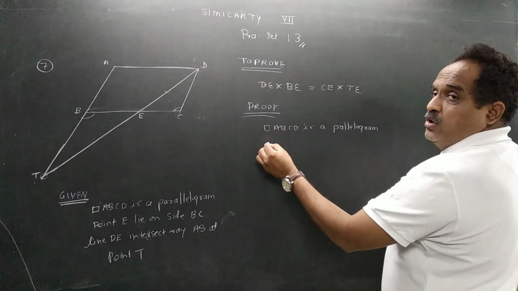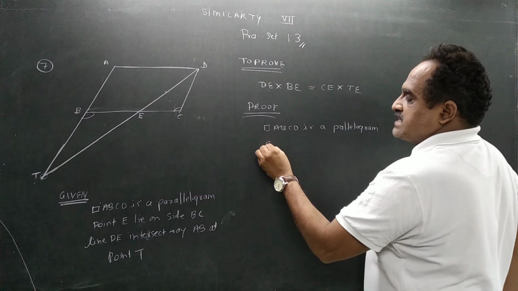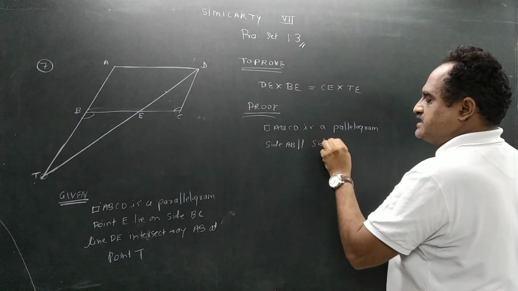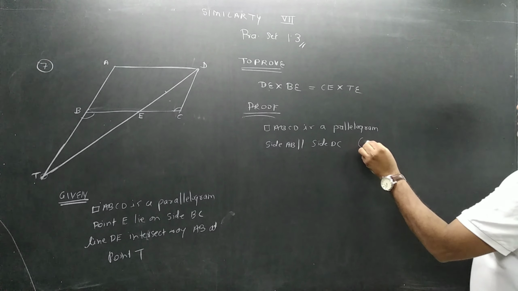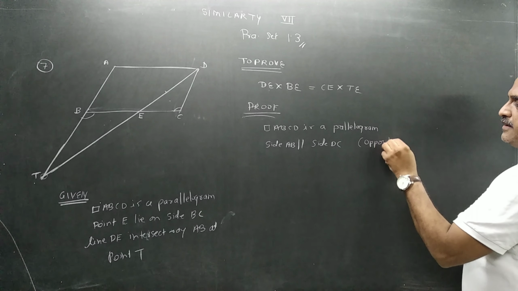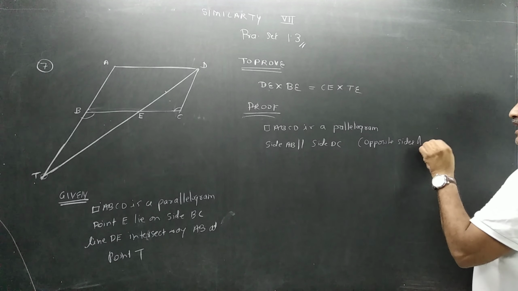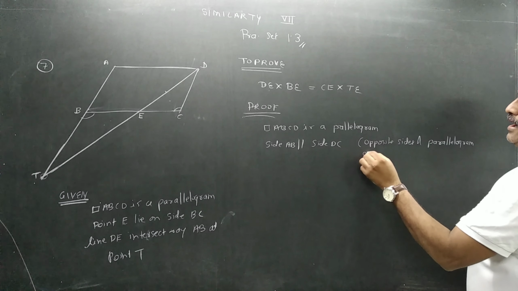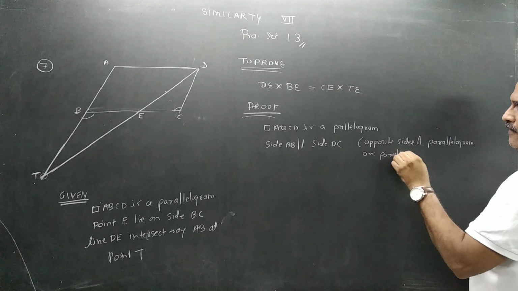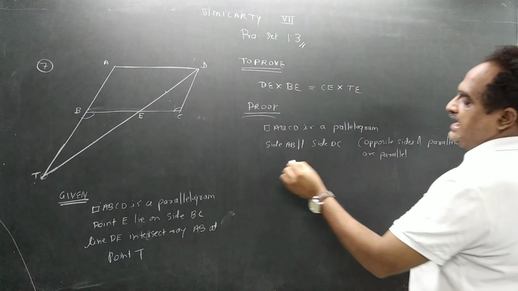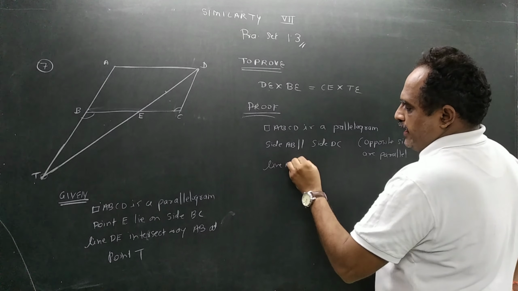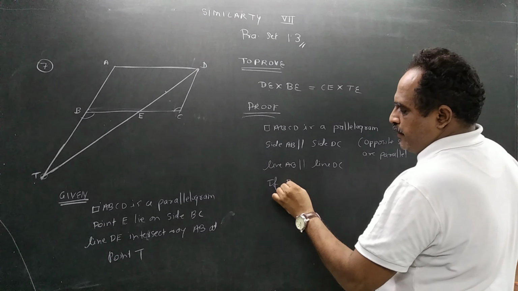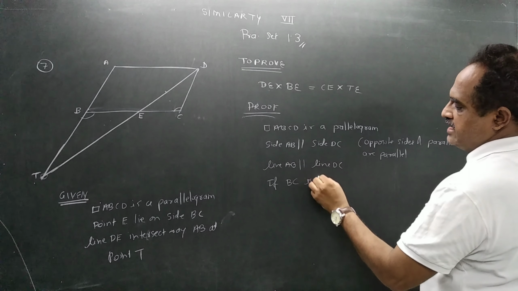So we write: opposite sides of parallelogram are parallel. So line AB is parallel to line DC, and BC is the transversal.